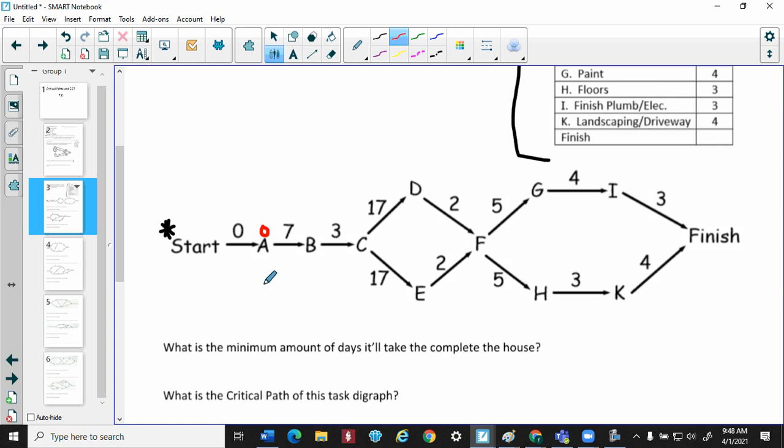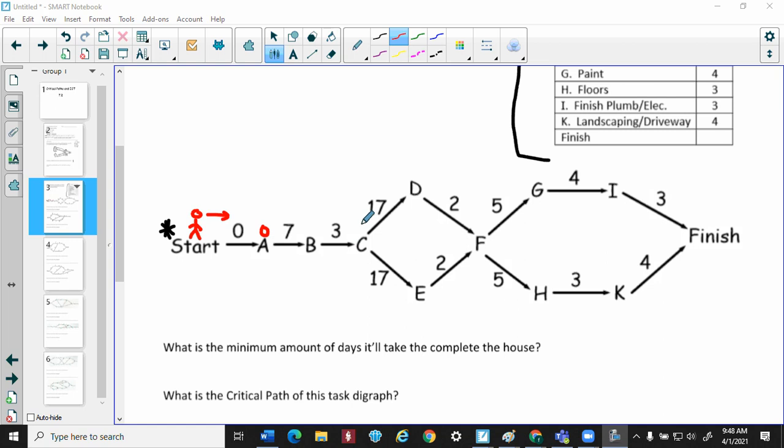Think of this graph almost like a map. You're sitting on start, and then you're walking down the path. The 0, the 7, the 3, all the numbers on the arrows represent the time it'll take to get down that path.